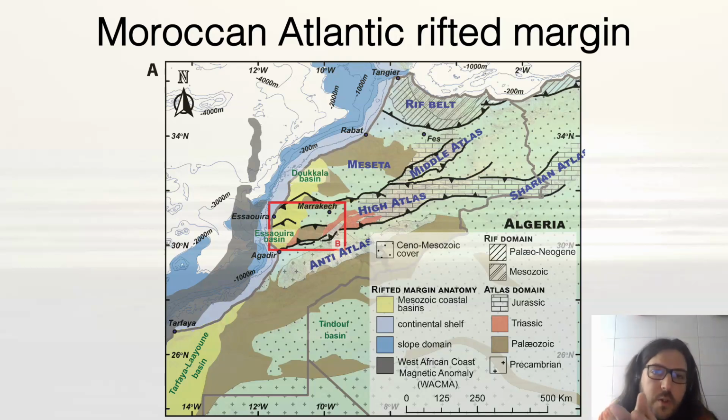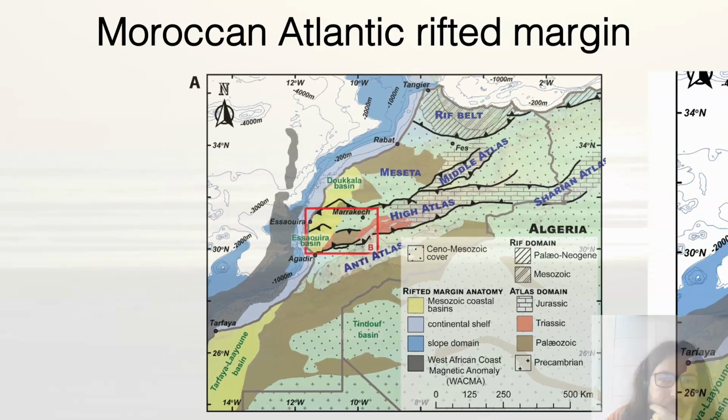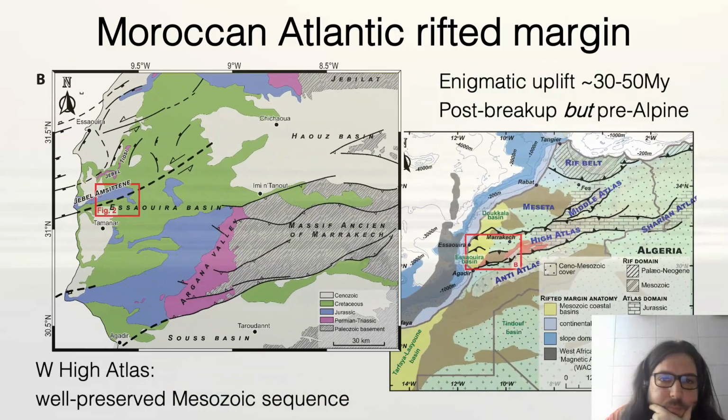Low temperature thermochronology have shown that this uplift event affected most of the Precambrian Paleozoic rocks to the east of the rift margin, so this region over here. This anomalous uplift event occurred between 30 to 50 million years after the lithospheric breakup and separation of Morocco and Nova Scotia, but before the Alpine contraction.